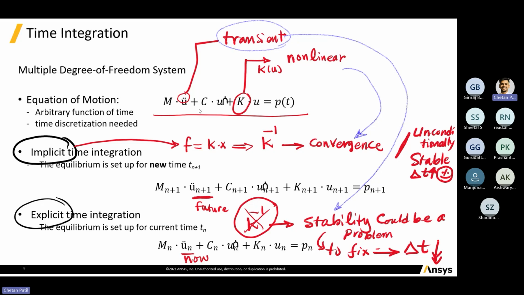Transient simulation creates more stability issues in a problem. That's why when we solve these simulations with the explicit method, we need to make use of very small time steps, because the explicit time integration method makes use of the current time step itself to solve each and every equation in the simulation.